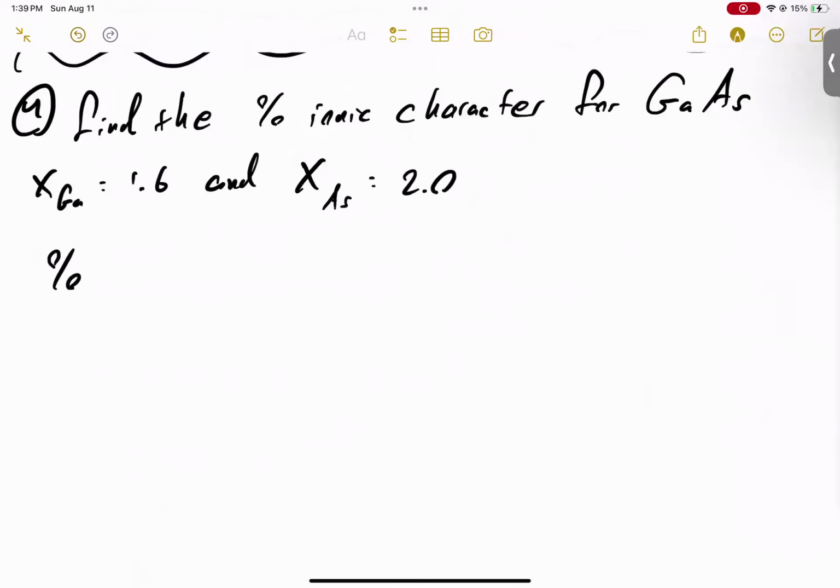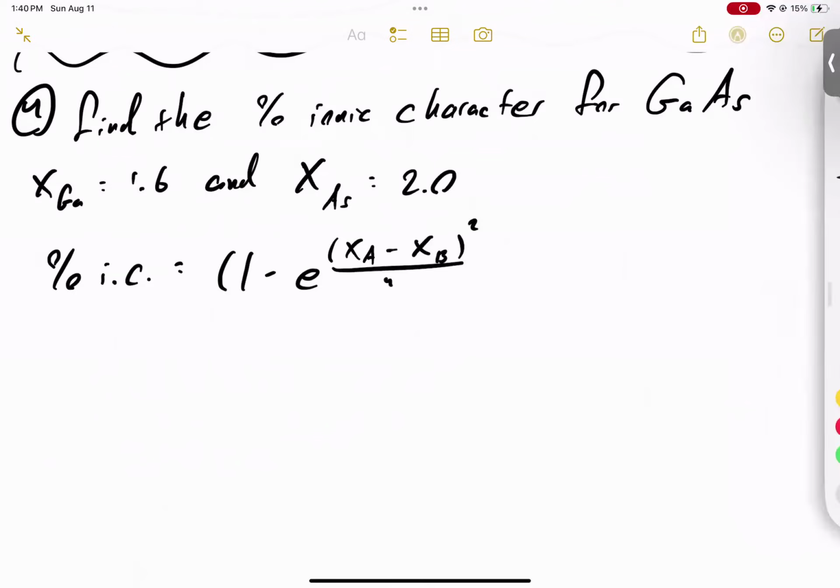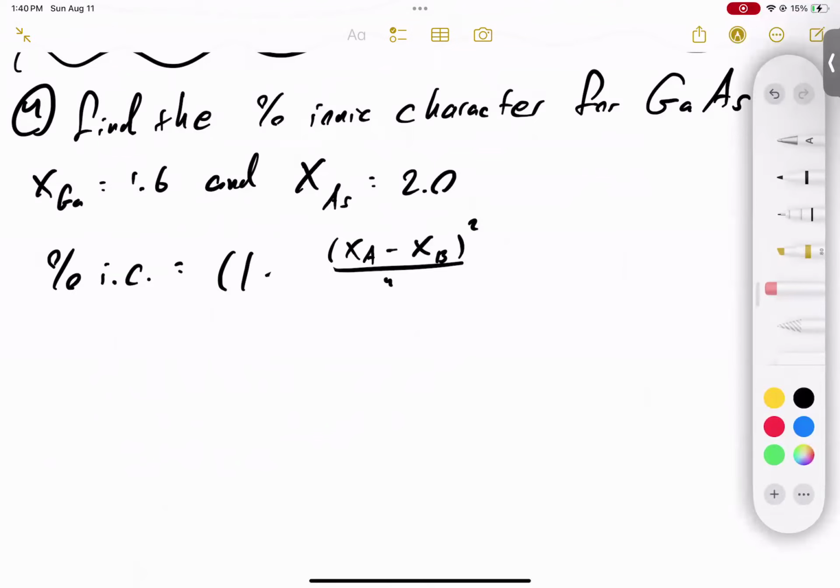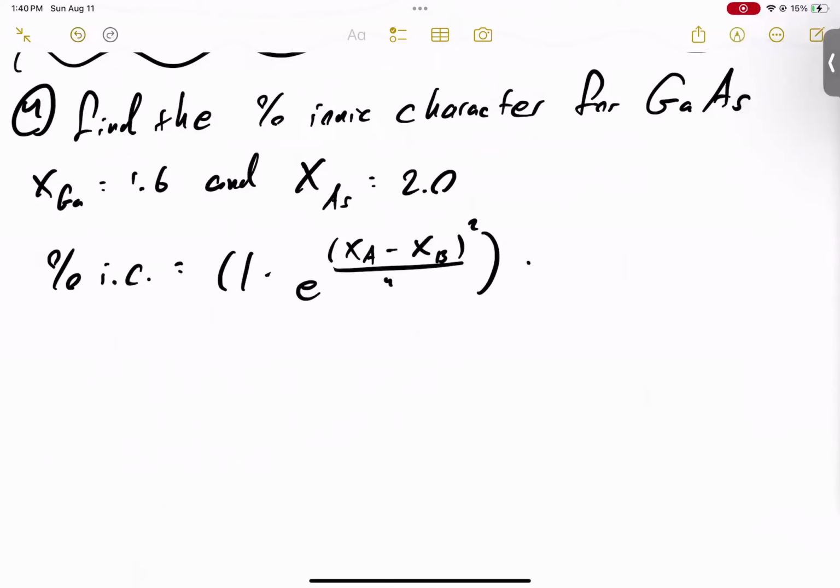which is percent ionic character, which I'll abbreviate as IC, equal to 1 minus e, the first electronegativity minus the second electronegativity, all over 4, raised to the second power, multiplied by 100%. Let's start plugging things in.